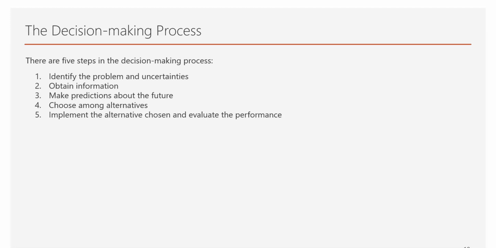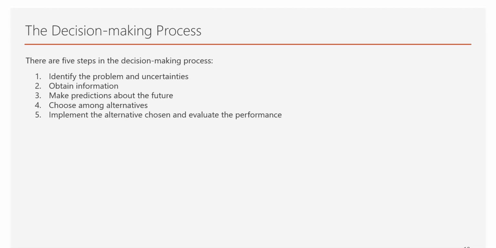And among those 3 alternatives, once I've made predictions about them, I've got to choose one. I've got to choose A, B, or C. Maybe there are some situations where I choose 2 of the 3 but ignore the third. So I could choose multiple alternatives if I need to in order to combat a problem.